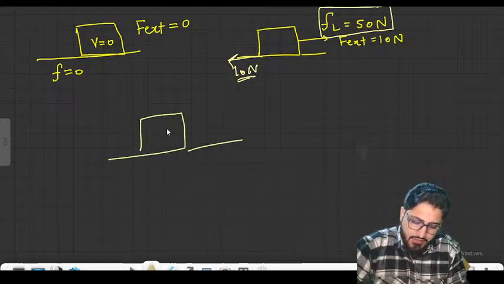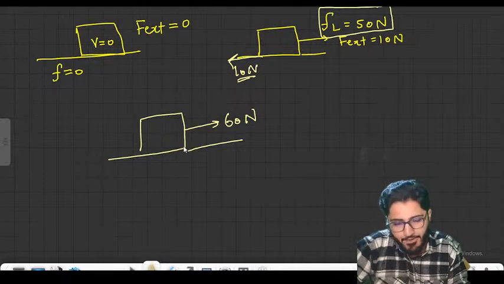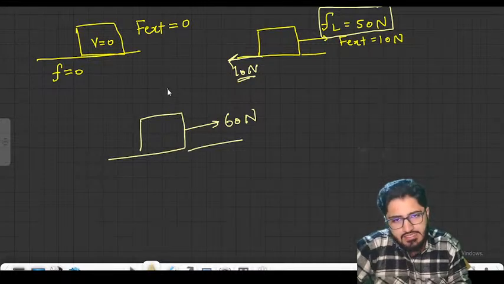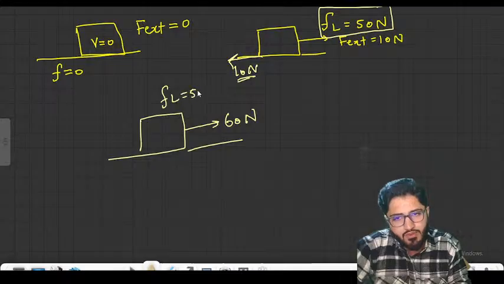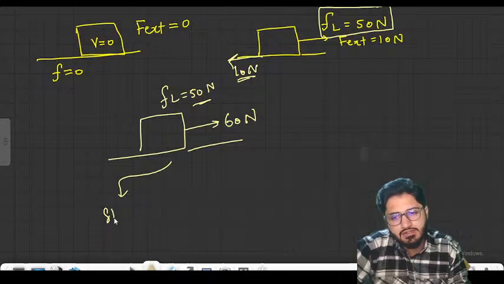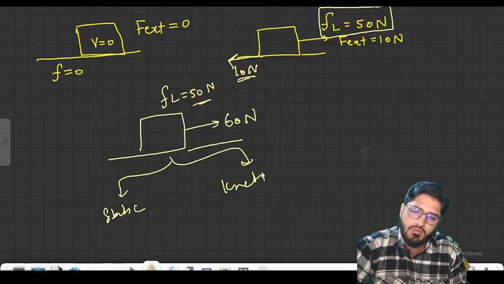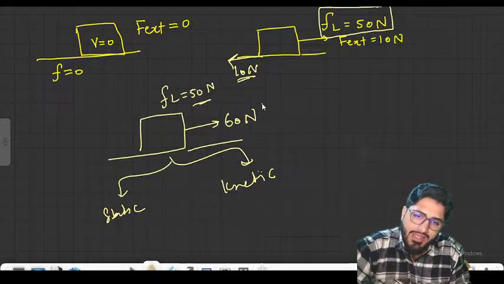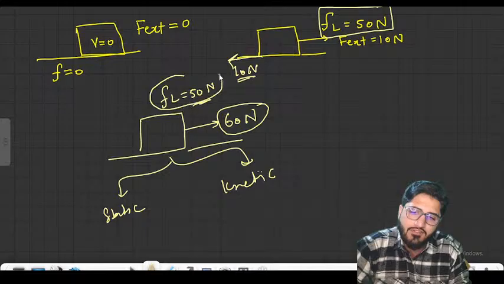Now third example. We are having a box. You are pushing or pulling it by 60 Newton. Same limiting friction is 50 Newton. Which friction will be there, static or kinetic? Okay, sir, now my external force is more than my limiting friction.